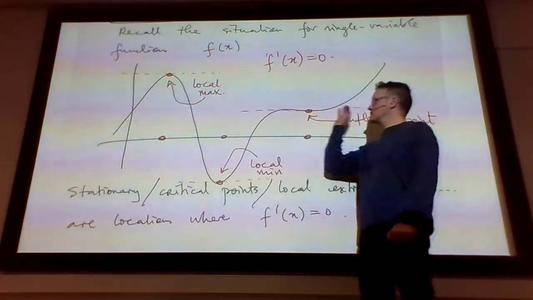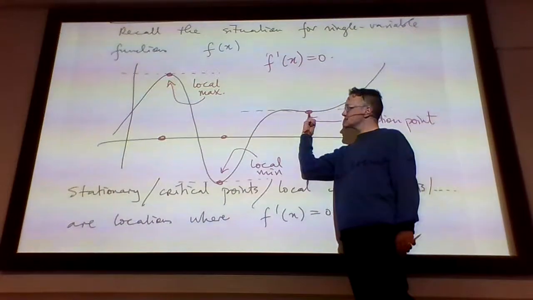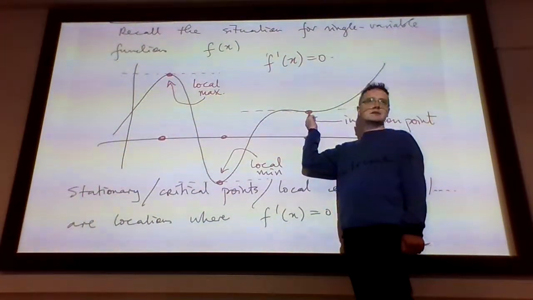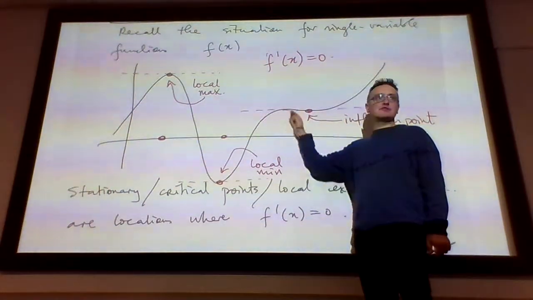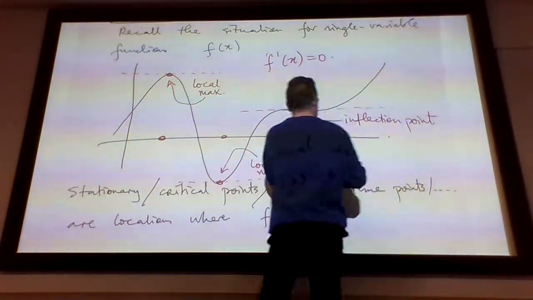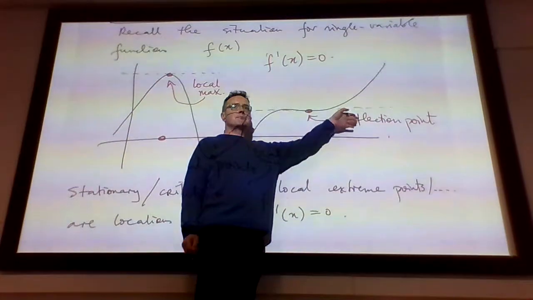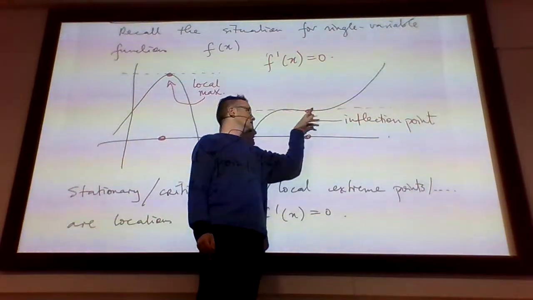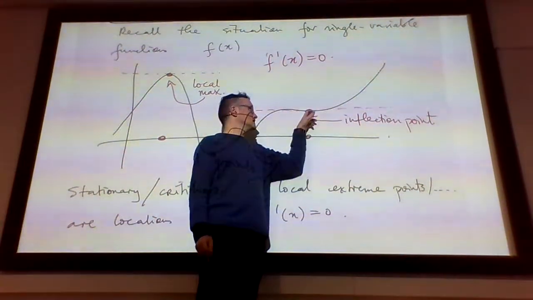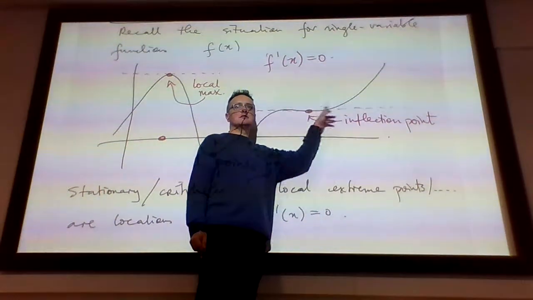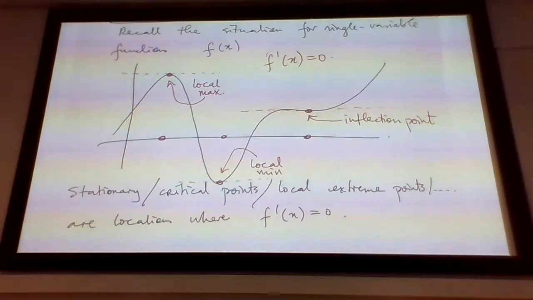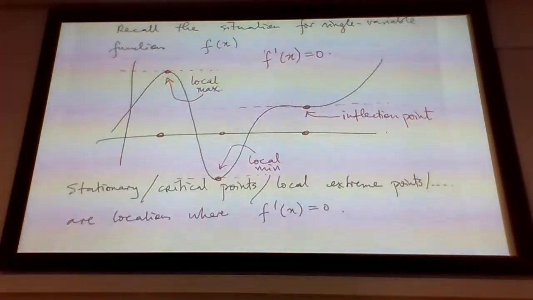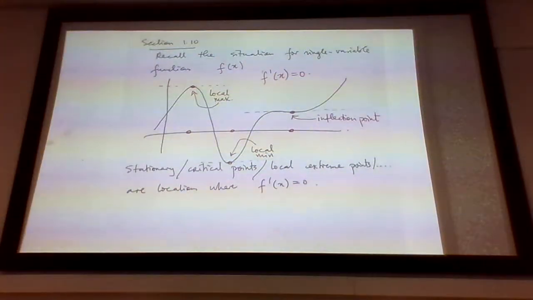If you look at the function just to one side, this is kind of acting like a local maximum. It's the largest value in a local neighborhood to the left of the point. Whereas if you look this way, it's kind of acting like a minimum, because when you look locally away from this point, this function is the minimum value locally. Okay, and those are the 3 possibilities for functions of a single variable.